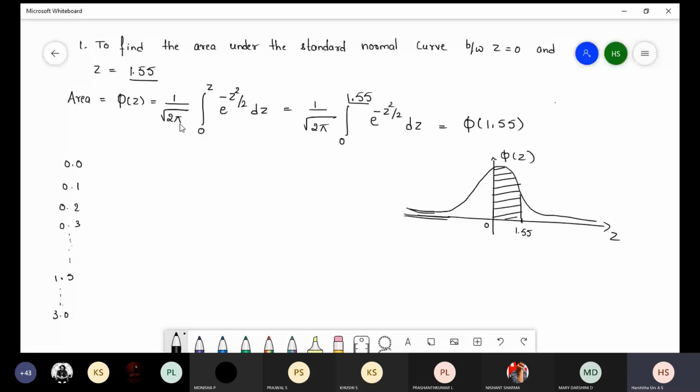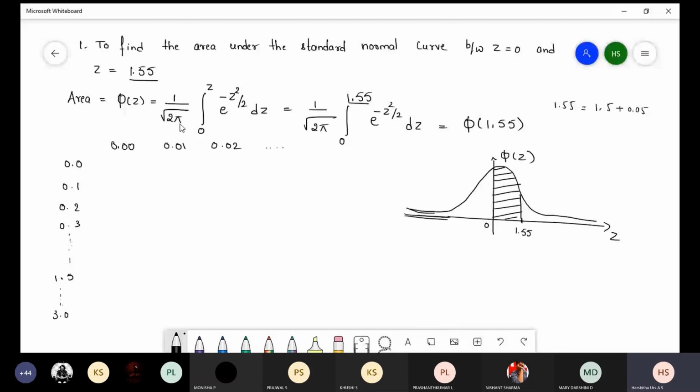Now, in the table, first we have 1.55. So I write this 1.55 as 1.5 plus 0.05. When you add, again we will get 1.55. In the topmost row, you can see 0.00, 0.01, 0.02, like that. We want 0.05 here, so I go till 0.05.